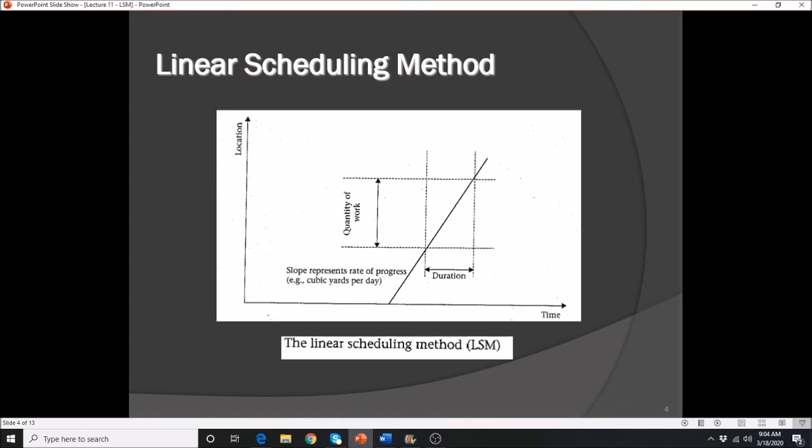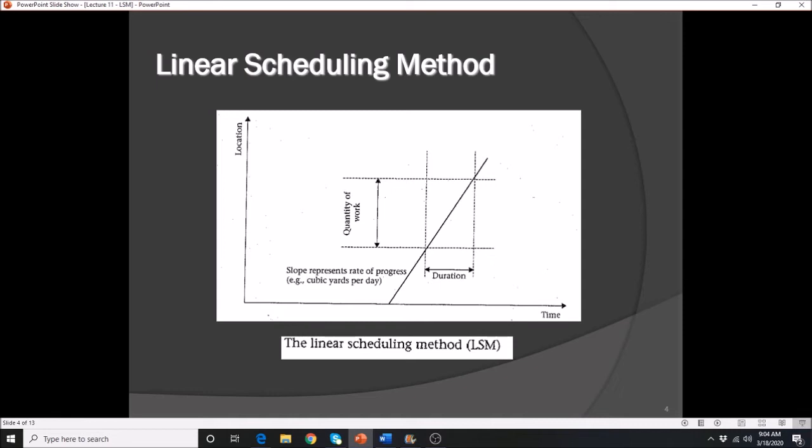Alright, so this is a graphical representation of the linear scheduling method. We simply draw a line to represent a given activity with a calculated starting point and a calculated ending or finish date. The slope is created by the time, that is the duration, and your quantity of work, which is what we call the production rate.